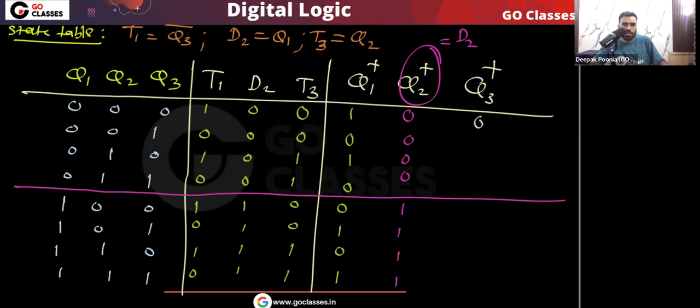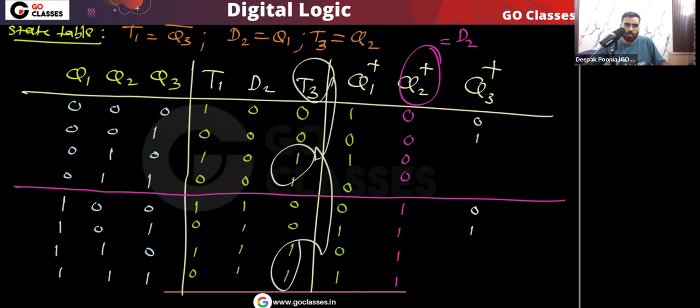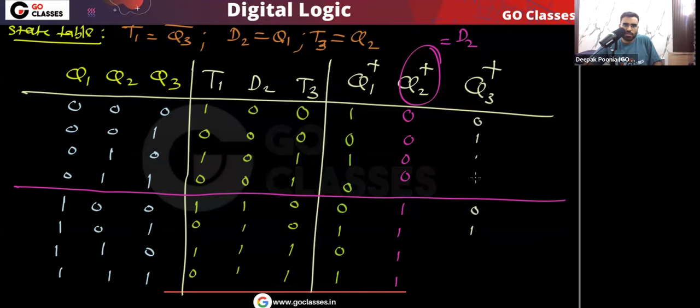So here I can say it will be 0, 1, and here also 0, 1. And wherever T3 is 1, there Q3 next will be complement of Q3. So I can say it will be 1, 0 and 1, 0.